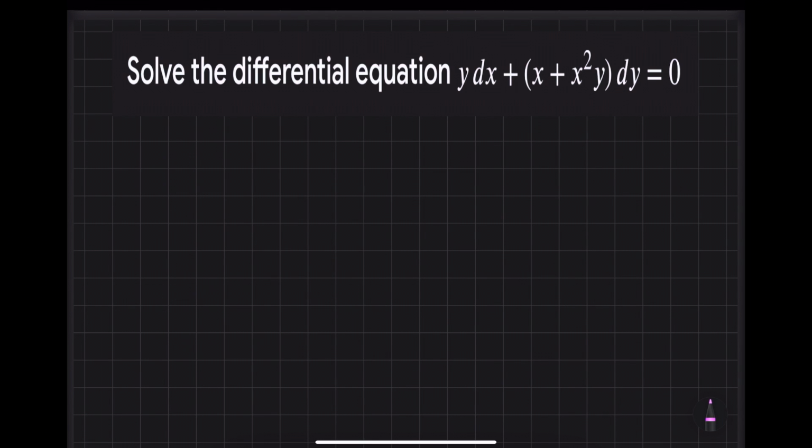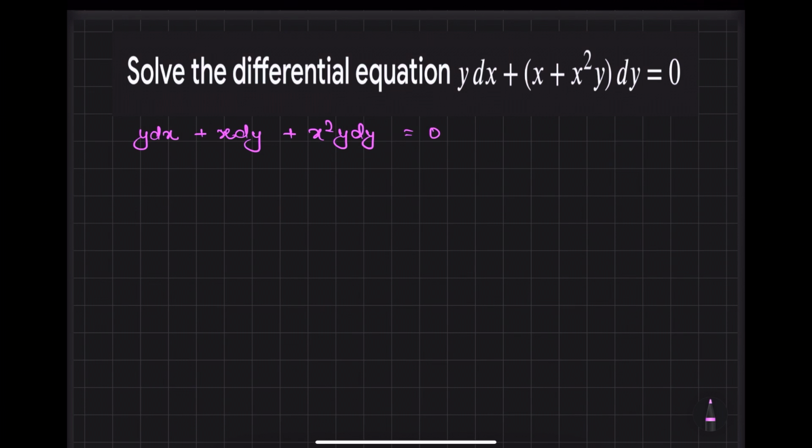Look at this, how we will extract this answer. First I feel that I should expand this one. So can I write y dx, then x dy, then x square y dy equals to 0. Now be very careful.